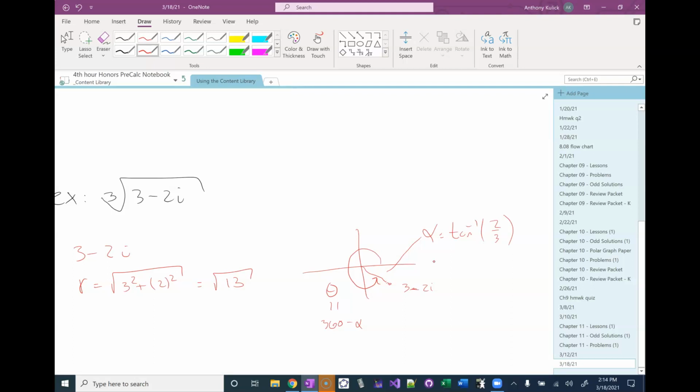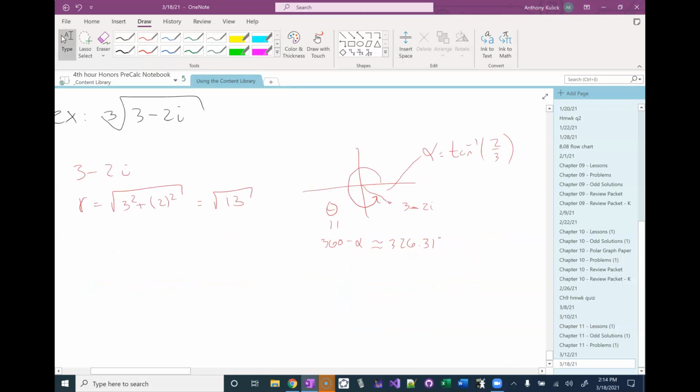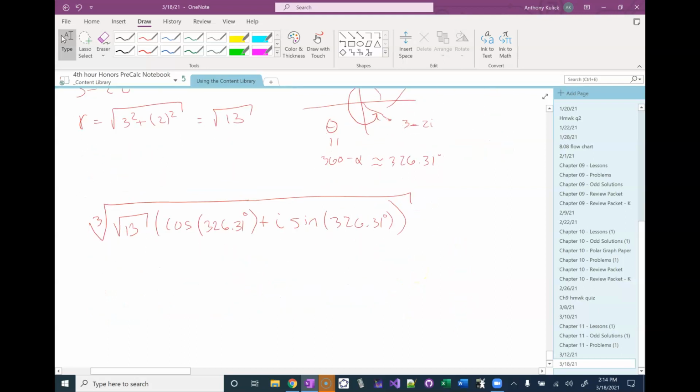So when I type this into my calculator, 360 minus tan inverse of 2/3, I get 326.31. So far, so good? Okay.